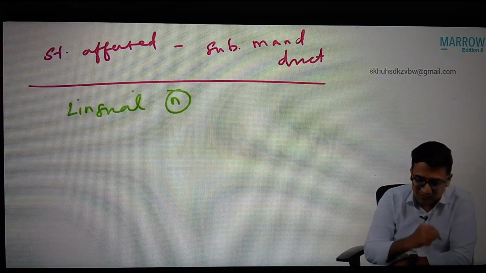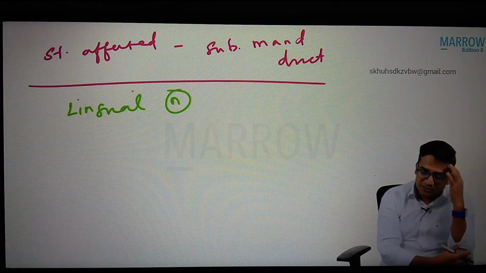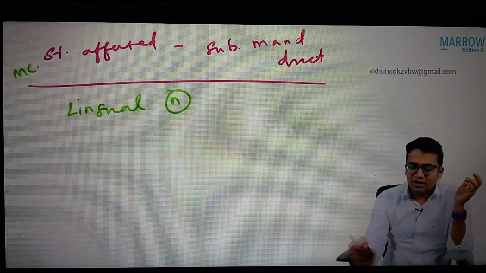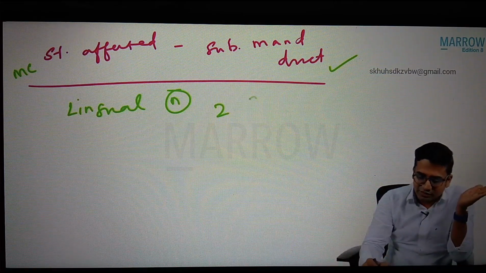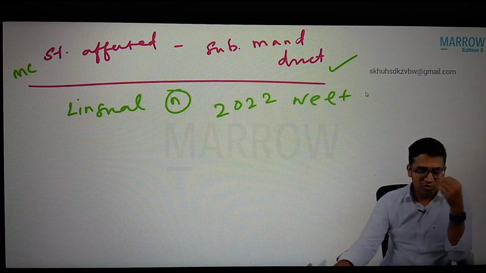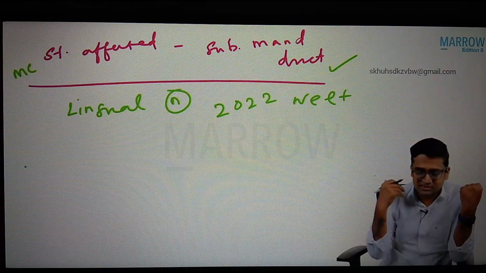Lingual nerve. The lingual nerve is crossed by the submandibular duct before reaching the anterior 2/3 of tongue. So the most common structure affected while removing the submandibular duct is the lingual nerve. That was the 2022 NEET exam question.